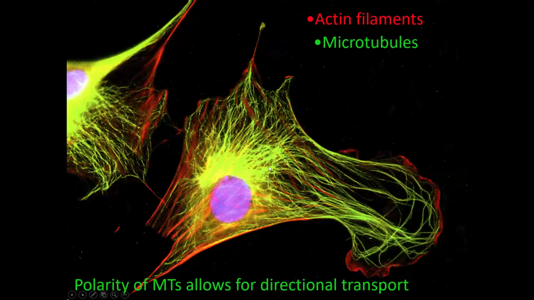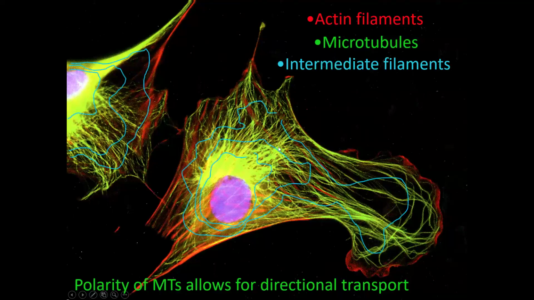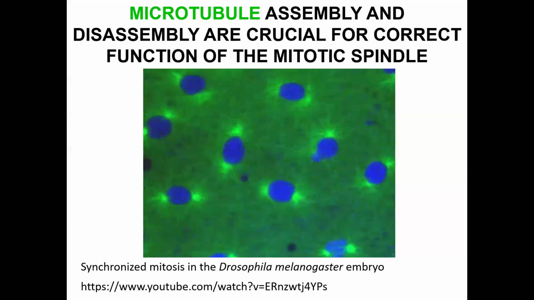Then there are the intermediate filaments that I drew here. They surround the nucleus like a cage and extend throughout the cell, and they have various functions, but they also play a role in generating the shape of the cells.